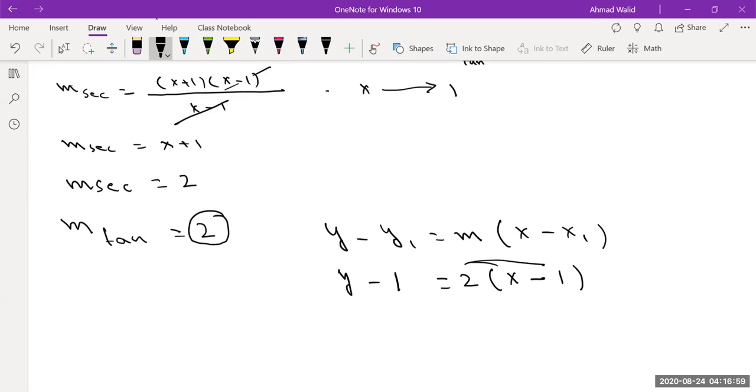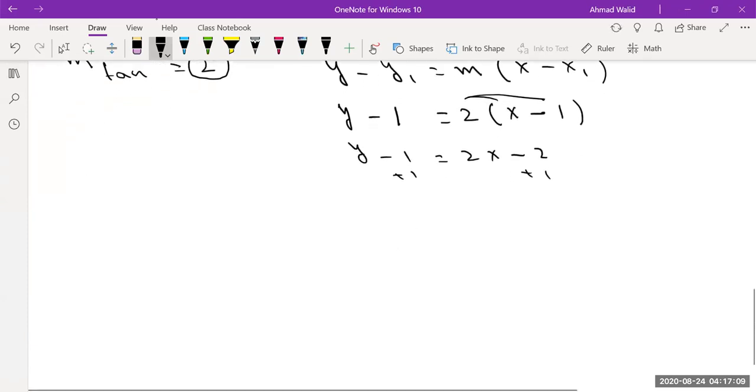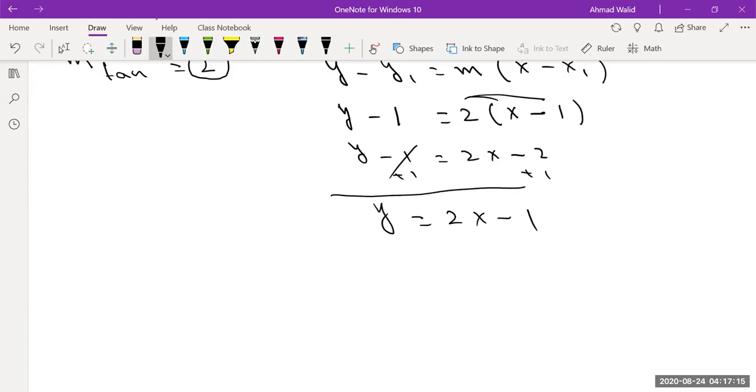Distribute the 2: y minus 1 equals 2x minus 2. Add 1 to both sides, then y equals 2x minus 1. This is the equation of the tangent line.